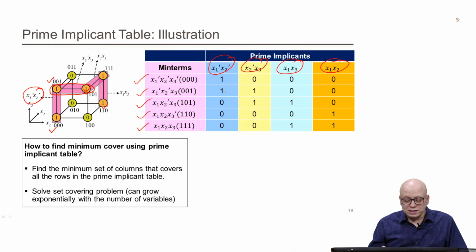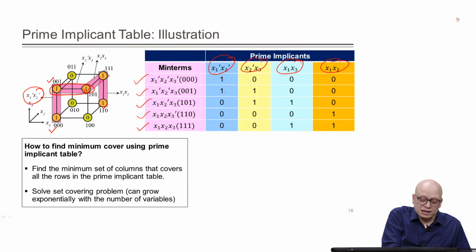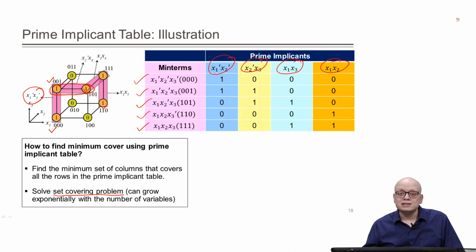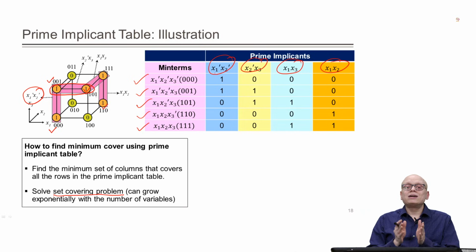Now, this problem is the same as the set covering problem, which is studied extensively in graph theory. This problem is known to be an NP complete problem, or a difficult problem, and its complexity increases with the number of variables. Why?